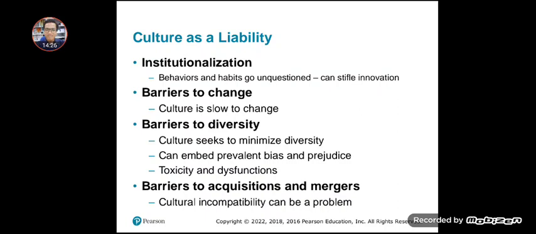Finally, if a merger or acquisition occurs in an organization, or in the departments in an organization, one of the most difficult things to do is to merge the two cultures. So many mergers fail because of culture clashes.